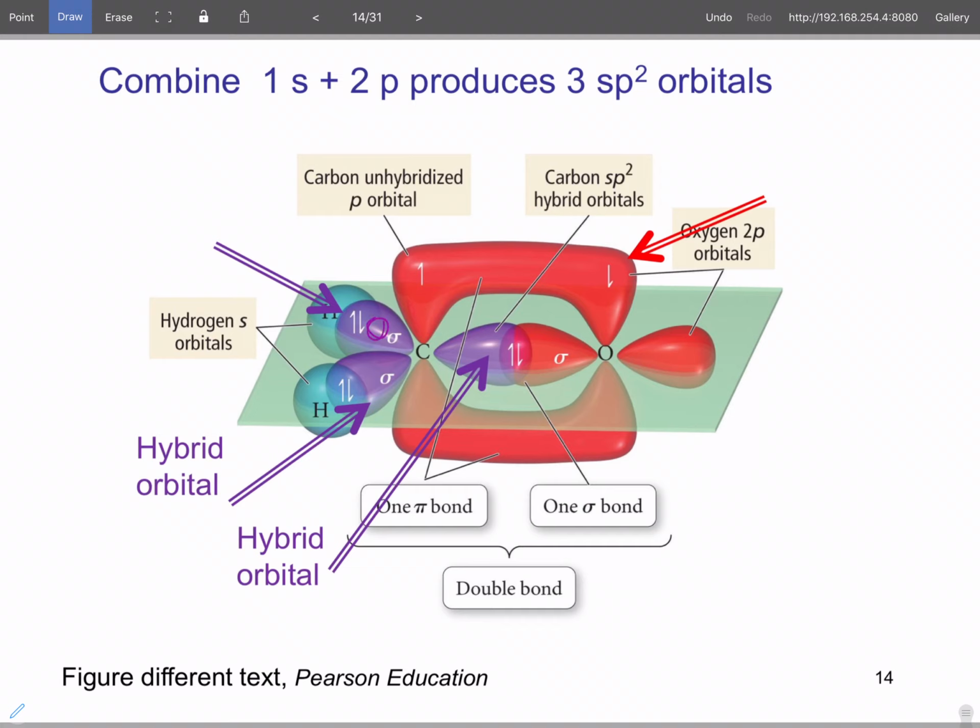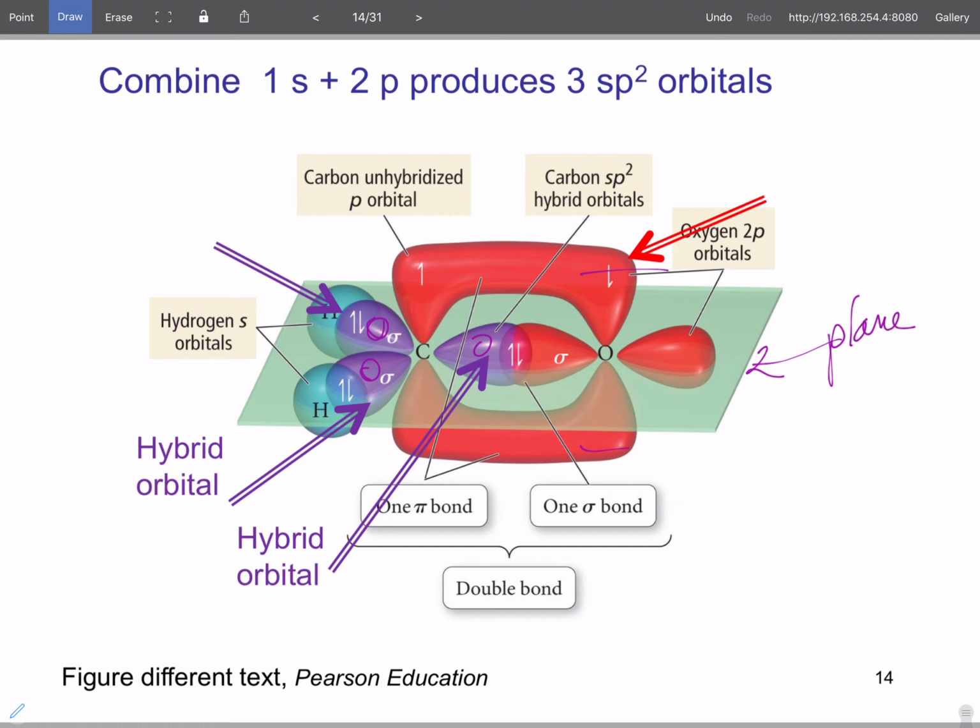So this one is hybridized, this one's hybridized, and this one's hybridized. Notice that the pi bond is not hybridized. It can't be hybridized because if it's hybridized, it cannot form a pi bond, which remember is above and below the plane of the molecule. This is the plane of the molecule.